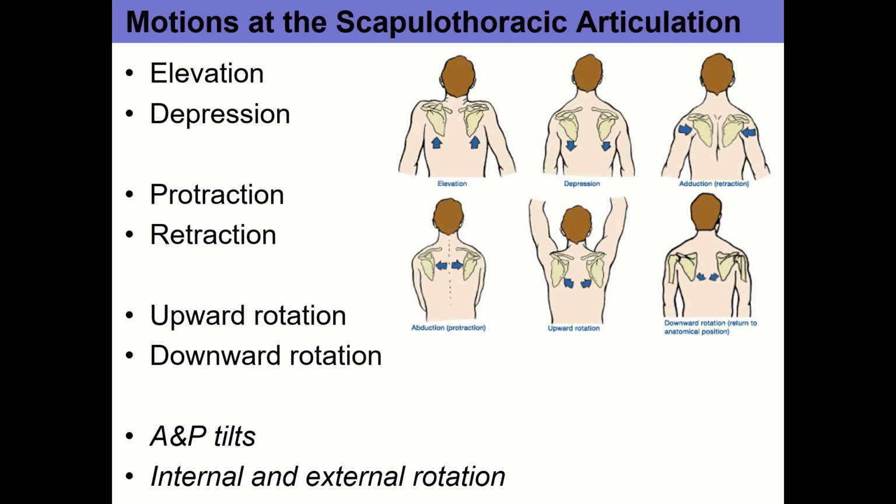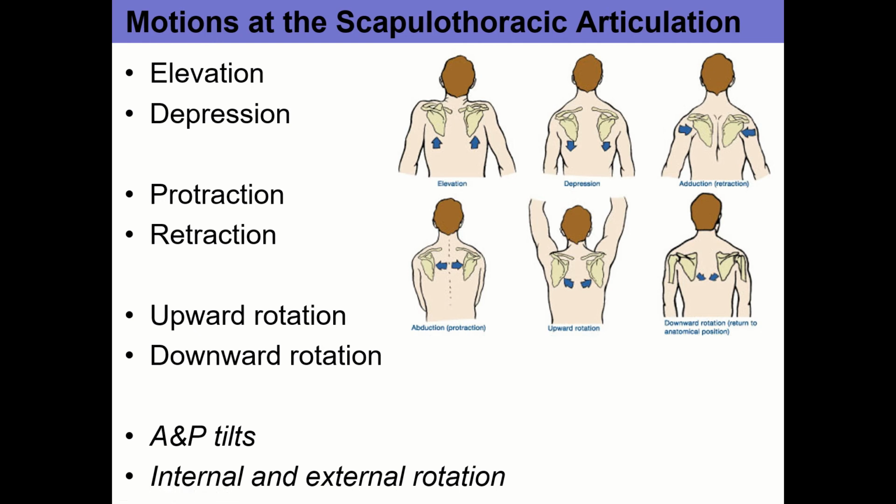So if you have somebody take the back of their hand and put it on their low back, that's pretty much as far in internal rotation of the glenohumeral joint as they can get. You're also then going to get a little bit of internal rotation of the scapula, and so you'll see that oftentimes, depends on their scapular stability, but oftentimes that medial border of the scapula is going to pop off the chest wall a little bit, and so that's full internal rotation of both the glenohumeral joint and the scapula.